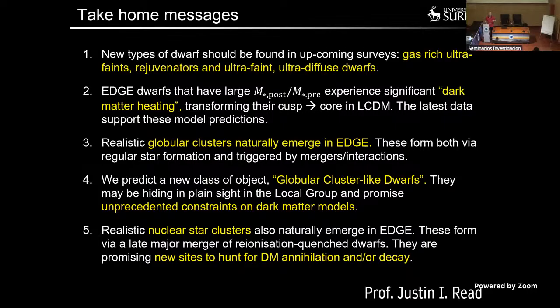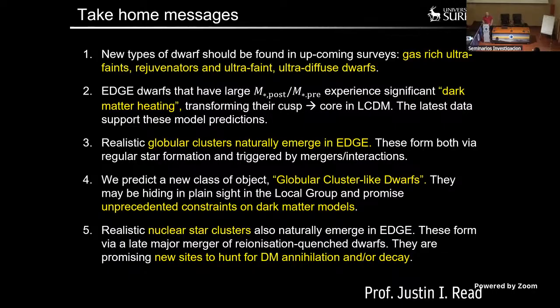And there's a lovely paper by Claudia Mooney, it's on the archive, where she comes up with an observational proxy that balances those two things. She shows that if you just plot the ratio of the mass in stars formed before reionization to afterwards, that correlates very well with whether or not you should have a core. Now, I don't know if that holds for more massive galaxies, but certainly it seems to work for our low mass edge dwarfs.